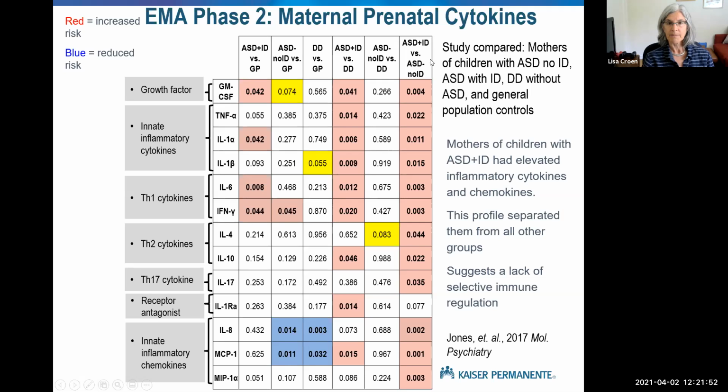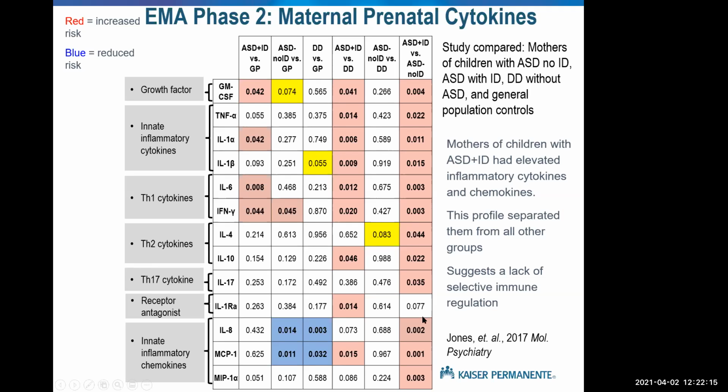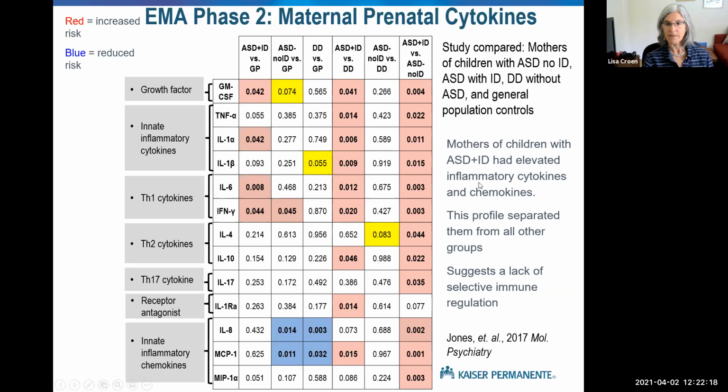I guess you can't see my cursor when I'm circling. It's the last group there, the ASD with intellectual disability, compared to really all the other groups, that stood out, that looked different, that had significant association with these inflammatory cytokines and chemokines. So that's very interesting. And there were several. It wasn't just one particular immune marker. It was across many different groups, but mostly these inflammatory ones.